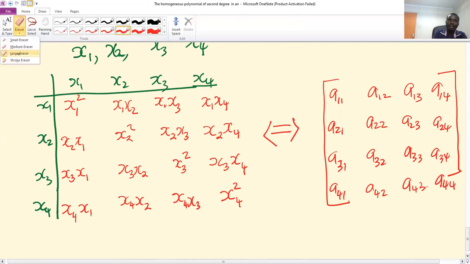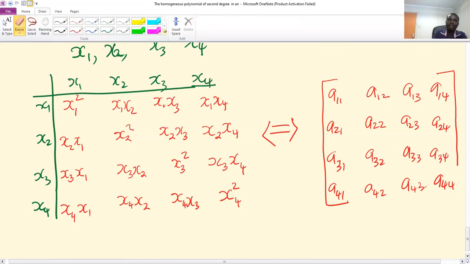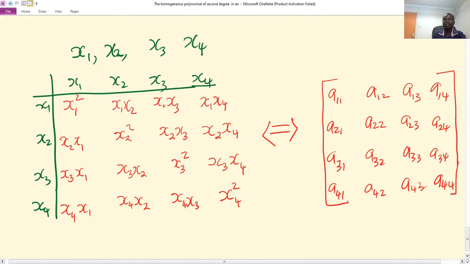You see that there's some pattern on how the xi's are formed in the table here, and this general way of labeling elements in a 4 by 4 matrix. You see x1 squared is like x1 x1, so A11. X1 x2, this position is A12. X1 x3, this position is A13. X1 x4, this position is A14. X2 x1, this position is A21. So there's that semblance.